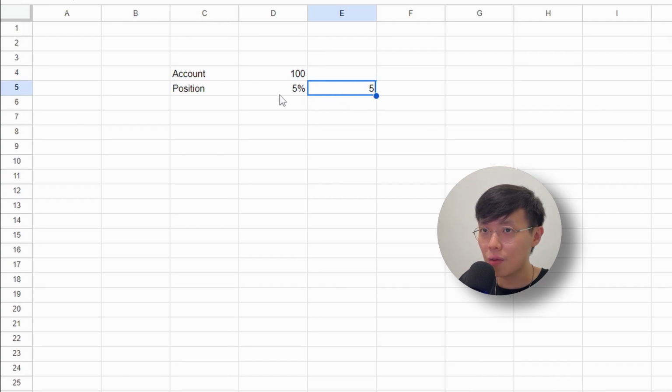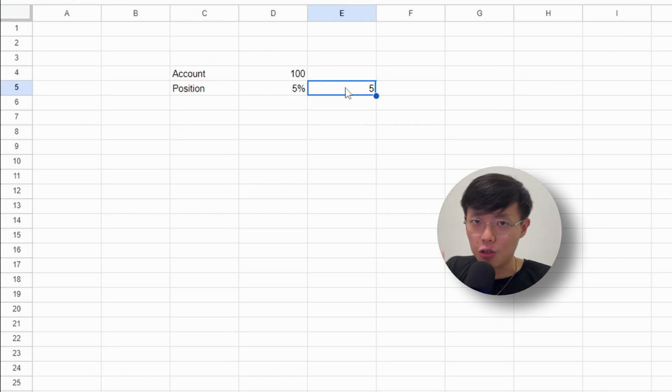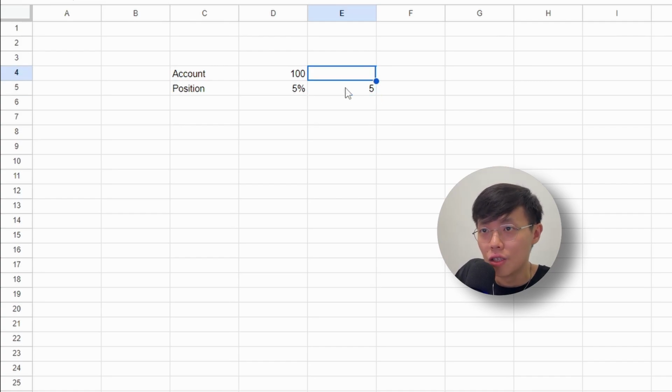You multiply 5% by the account, and you get 5 USD. So for every position you want to open, use a 5 USD margin. Basically, the amount that we can afford to lose for every position is 5%, which is 5 USD from 100 USDT. So the account again is 100%. All right, so let's move this here.